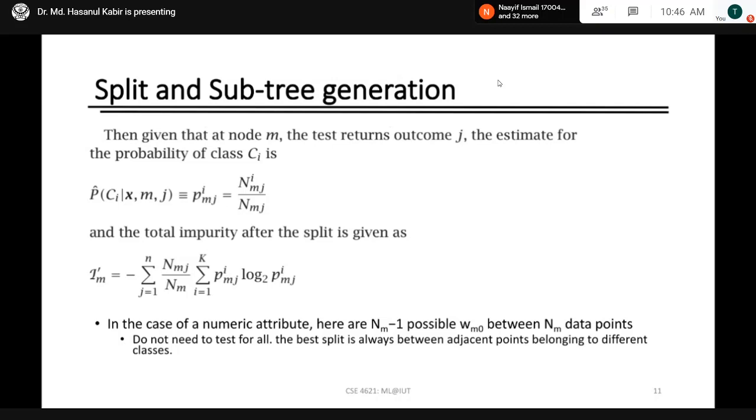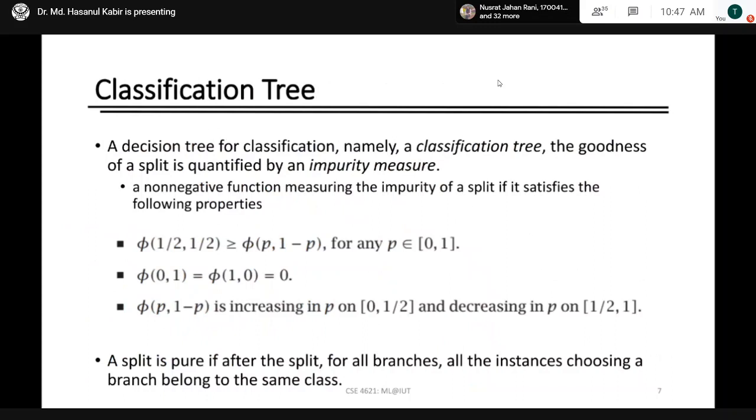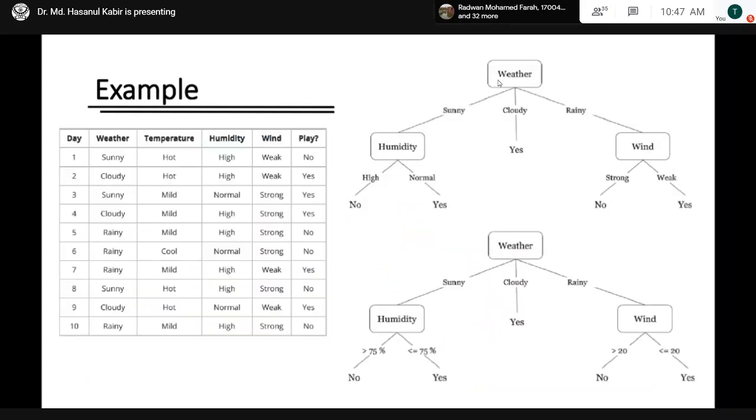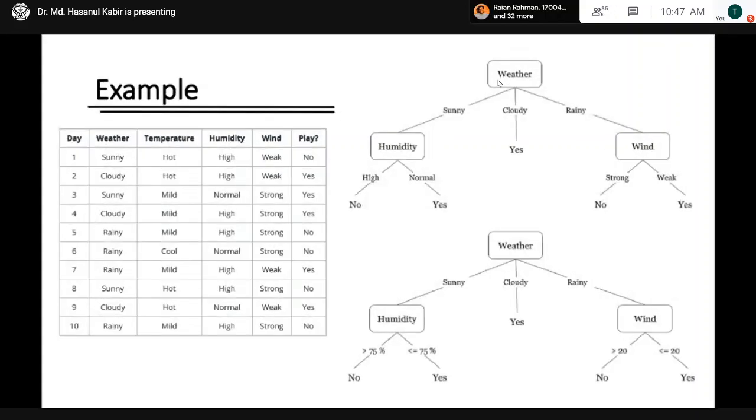Now since you have reached this particular node m where you have 10 samples, you have 2 options in your hand. If I go back to this example, though the decision tree is already done, let's say after doing the split with weather, you have followed the branch sunny and reached this node. Forget about the humidity shown here.